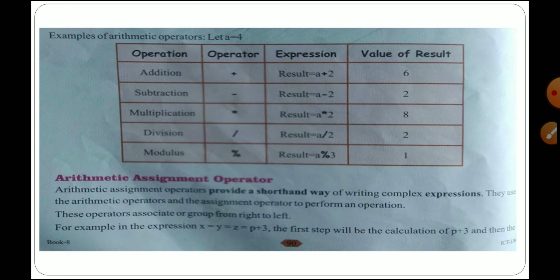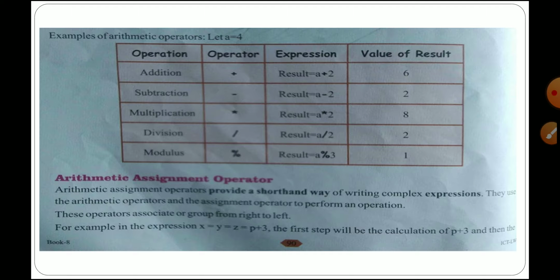Next one is the arithmetic assignment operator. These arithmetic assignment operators provide a shorthand way of writing complex expressions. Lengthy expression statements can be written in a simple way. That is called the arithmetic assignment operator.